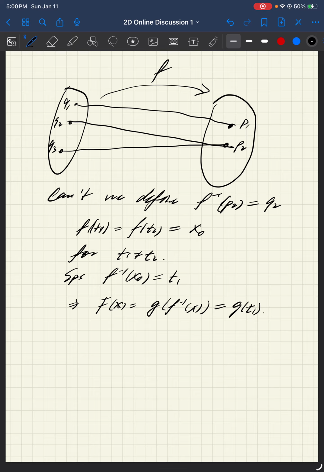But then notice that the graph of F(x) only gives me the pair (x, g(t1)).